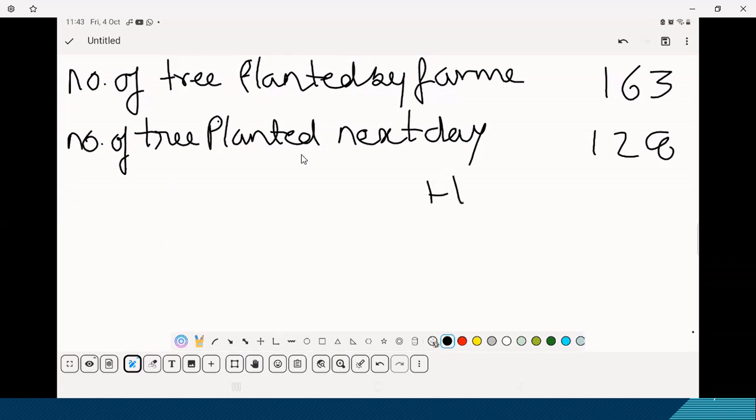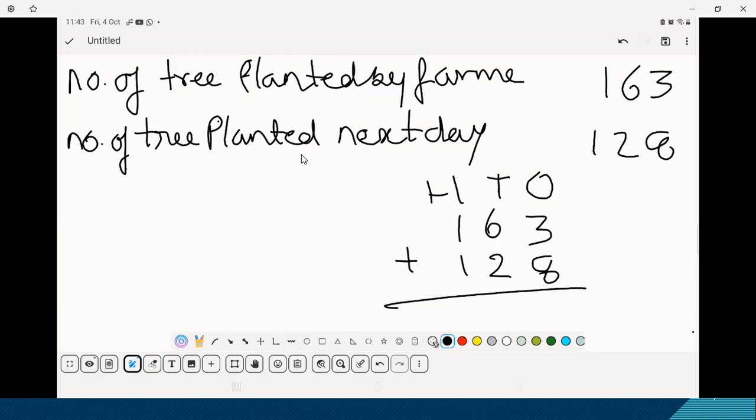So simply we need to write the numbers in HTO pattern and then add. So 163 plus 128. 3 plus 8 is, we have to count after 8: 9, 10 and 11. This is the 11.